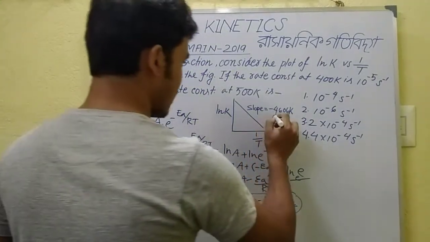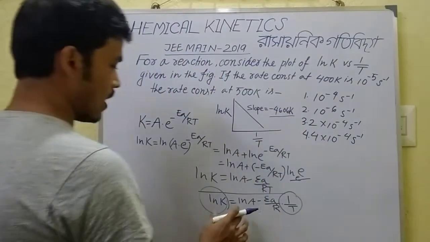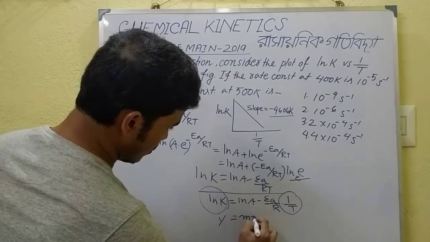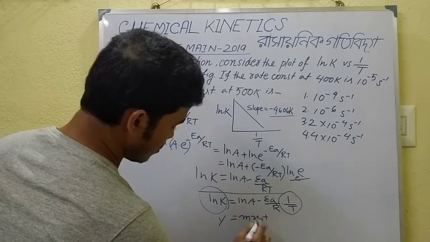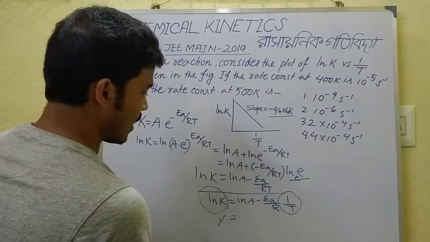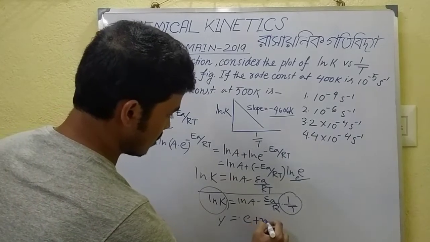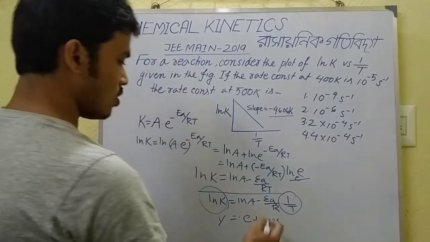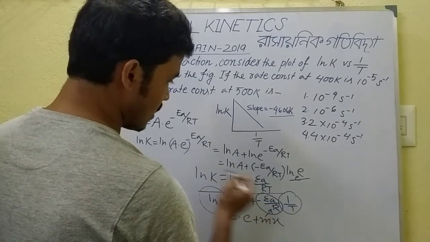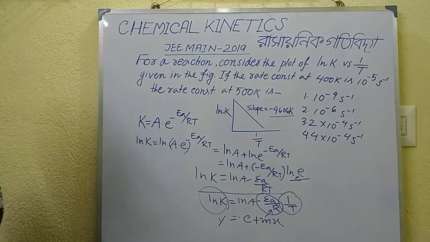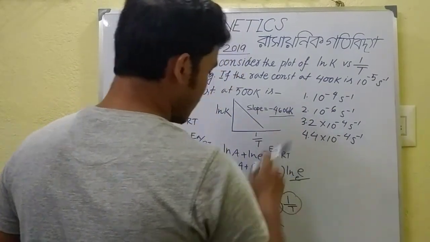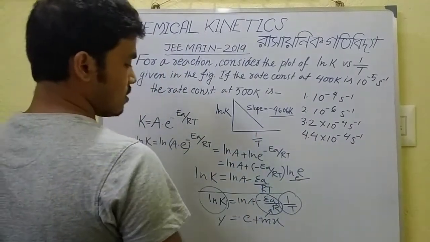Now the slope is given, and from this equation we compare with y equals c plus mx. What is m? This is the m term, that means minus EA by R, and this is equal to the slope.